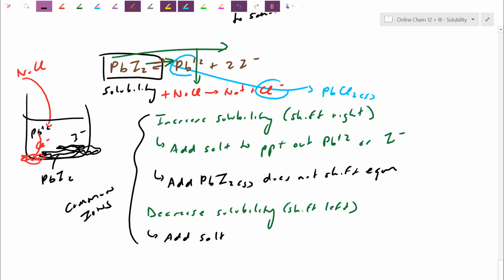Pretty much, I just want to add lead ion, I want to add iodide ion, but I'm never going to have a bottle of just pure lead 2 plus, pure iodide minus. Add a salt that contains these ions. So it could be Pb(NO3)2 or a source of I minus. It doesn't matter which one, such that if I increase any of these, it shifts the equilibrium to the left, and therefore it makes it harder for the solid to actually break up.